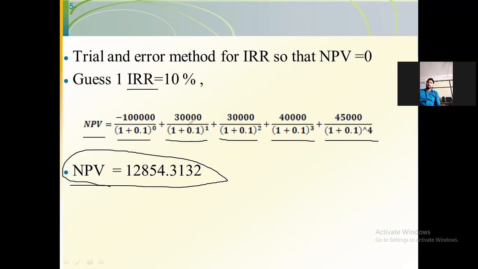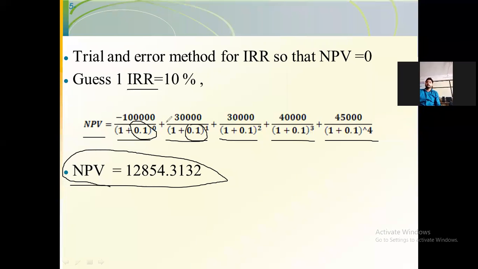Because this internal rate of return value is on the denominator side. When the denominator increases, the total valuation will decrease. Denominator बढ़ गया तो total value क्या होगी? कम होती जाएगी.